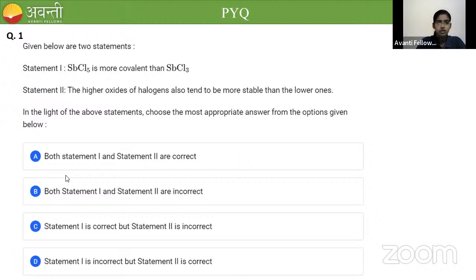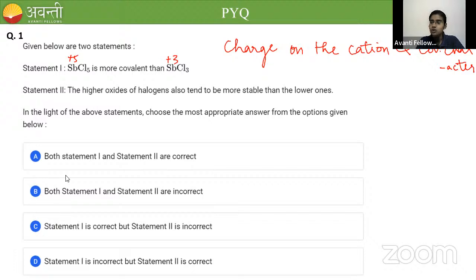In SbCl5, the oxidation state of antimony is +5 and in SbCl3 it is +3. From Fajan's rule, the charge on the cation is directly proportional to the covalent character.